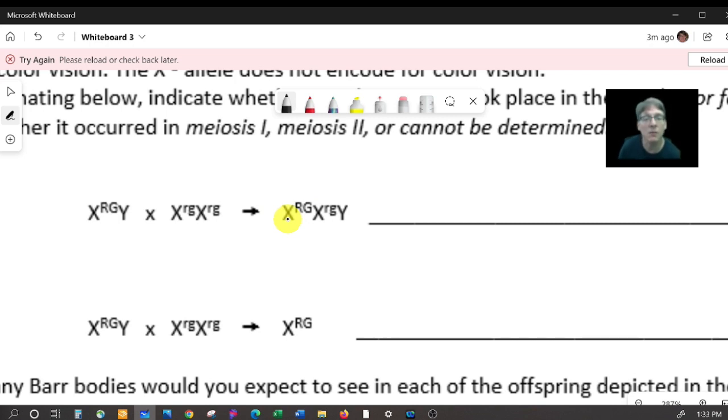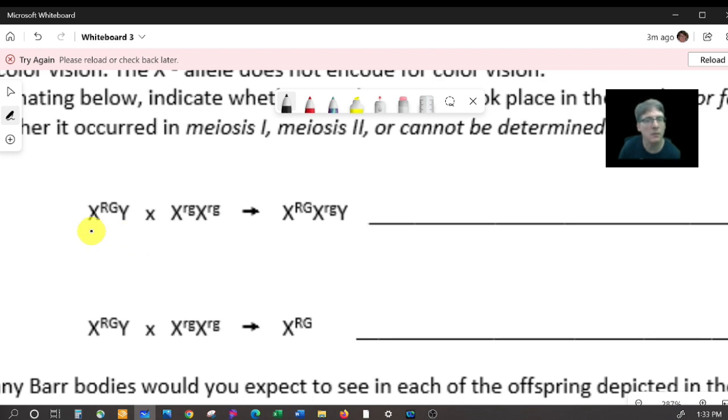So here we have, and remember, each parent should be only contributing a single X chromosome, or a single sex chromosome at all. And so here this individual has an X big RG, and so they got that from the father. Here's an X little RG, they must have gotten from the mother.